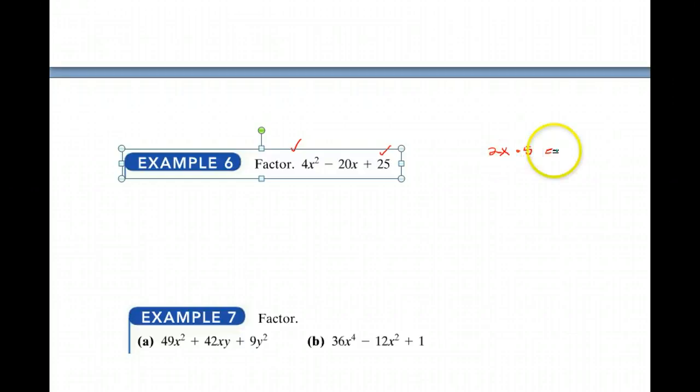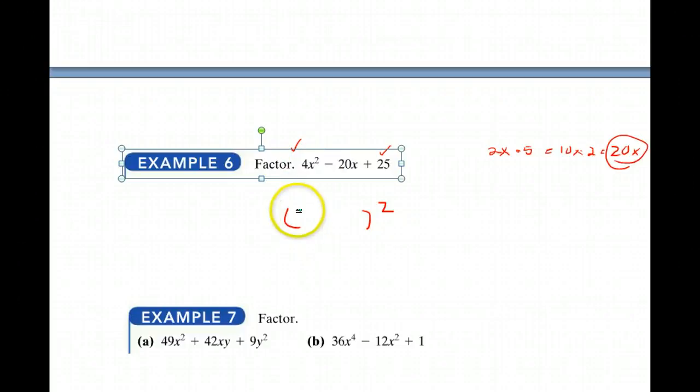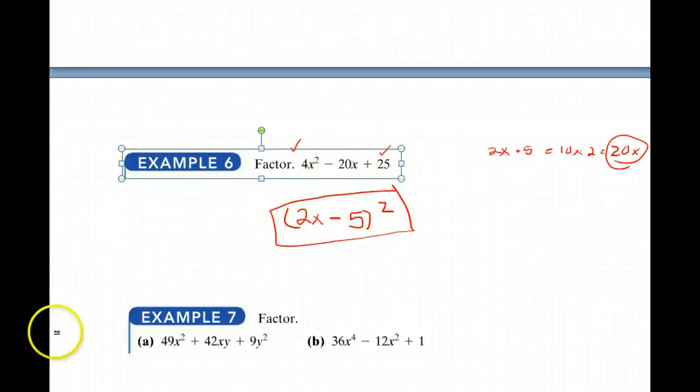We multiply those to get 10, and then double it to get 20x. If we got the term in the middle, then we know that it's a perfect square trinomial. So we set up a quantity squared: the square root of the first, which was 2x, the square root of the last, which was 5, and the sign of the middle. And that's our final answer.